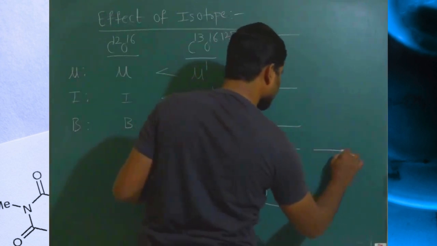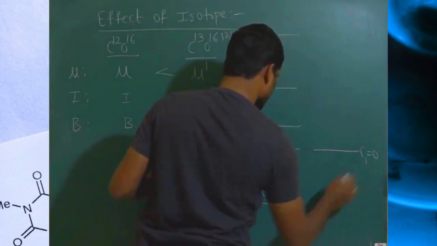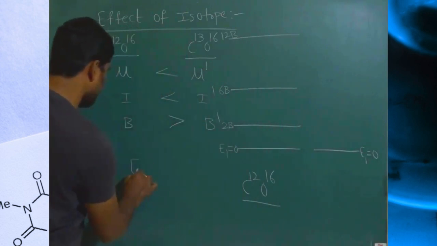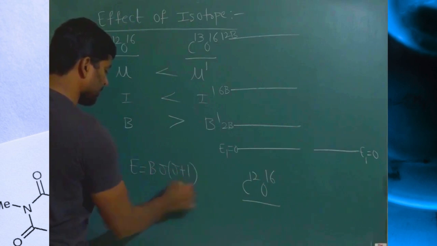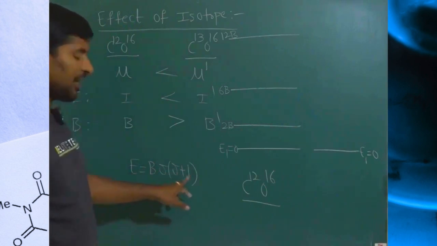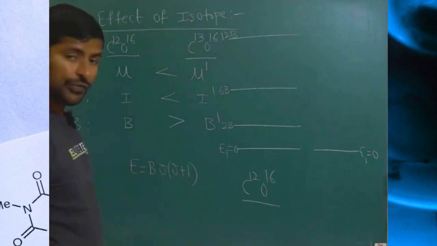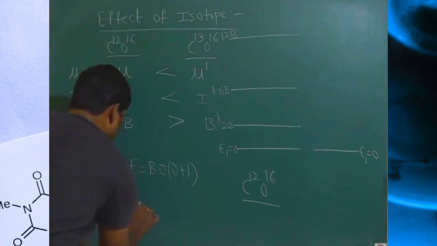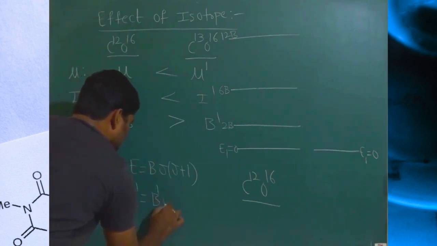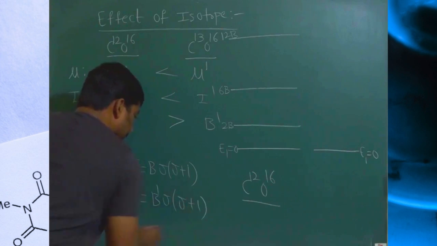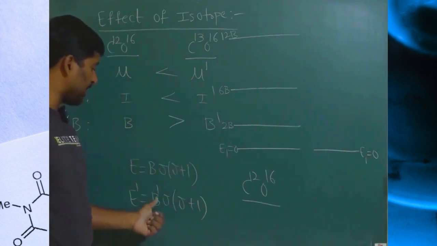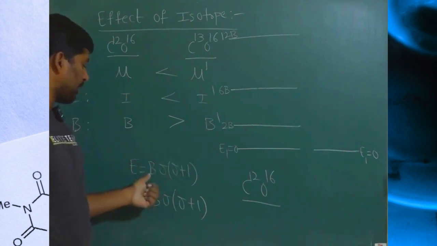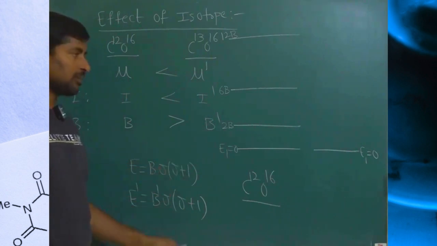Same, E1 is 0. What is the formula we have for energy? B J into J plus 1. This is the expression for E, B J into J plus 1, for C12O16. But for C13O16, what do we get? B dash J into J plus 1. But the B dash value is small compared to B.